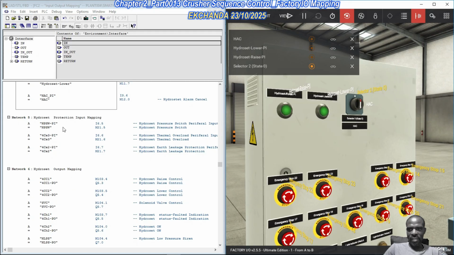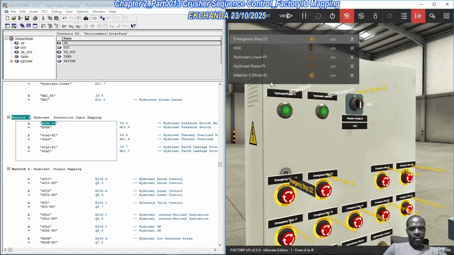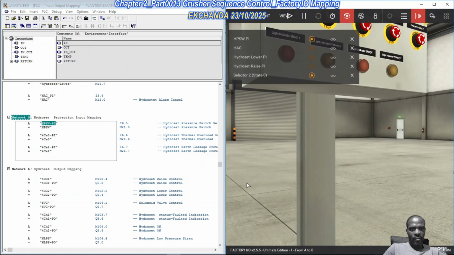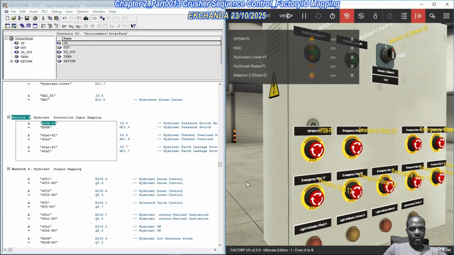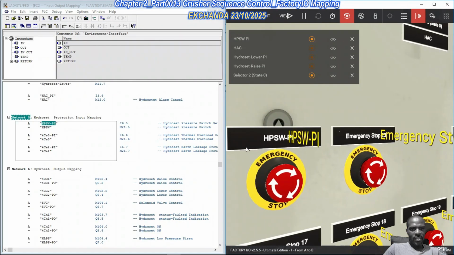These ones here, we need a hydroset pressure switch. We need this one here, Control C. So this becomes this here, which becomes this one right there.